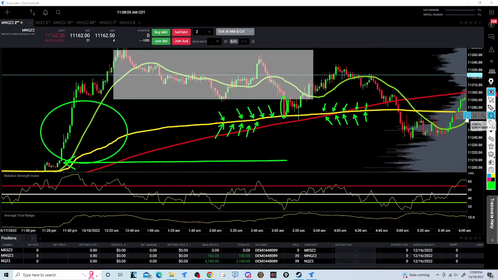Now, while we're talking about that, did any of you happen to look at your 50% line? Did we have any retracement whatsoever back to that 50% line? Or did we start from the top and come down and break through? That's why I said in the beginning, this is a good one.